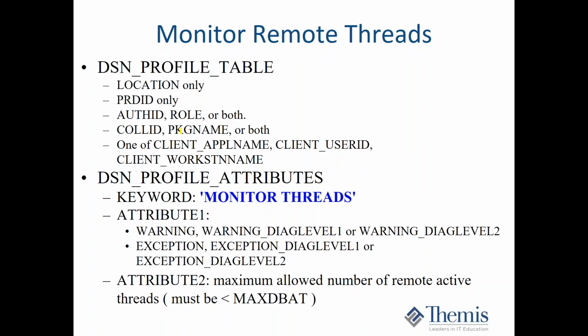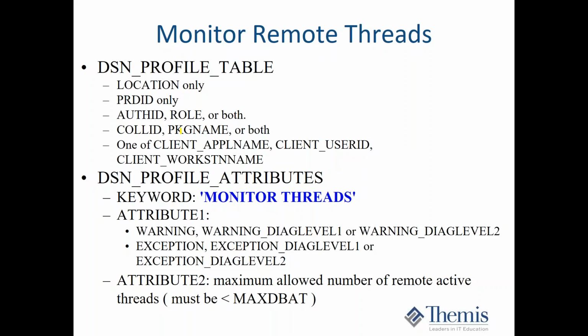Or I could narrow it down to, if they're using a common authorization ID, auth ID, I could say anybody coming in on that auth ID, if it's unique to that group of processes, or it could be a client application name that is the cause of those long-held threads out there on the active chain that never go away. And I want to monitor those threads.